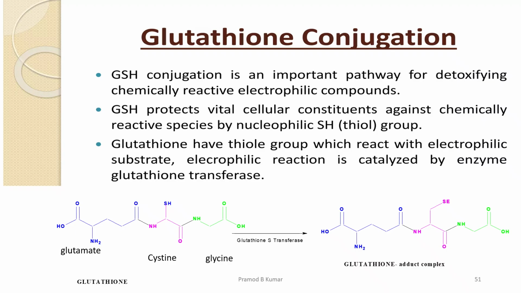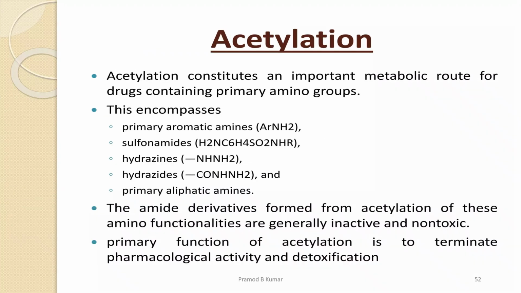What is an electrophile? Electron loving, that is electron deficient. So these thiols are electron rich, so they will form a bond with your electrophile and thus help in excretion of your compound, that is a glutathione adduct complex is formed, which is then excreted from the body.